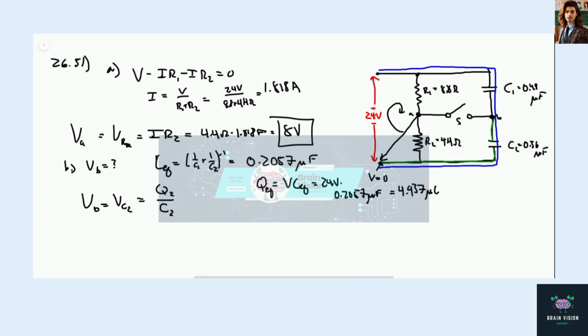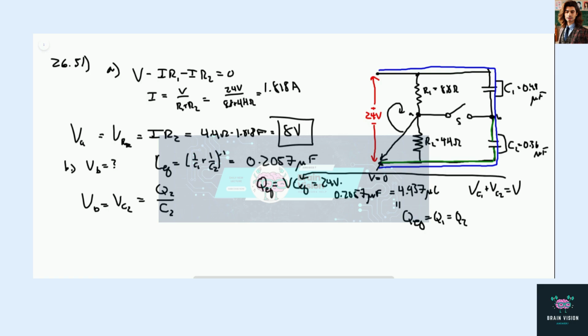The charge stored on the equivalent capacitance is the same as the charge stored on each capacitor. The reason is that each capacitor has its own voltage drop such that VC1 plus VC2 equals V. If you plug that in over here, you'll see why. So we can write this charge QEQ as the same as charge 1 or charge 2.